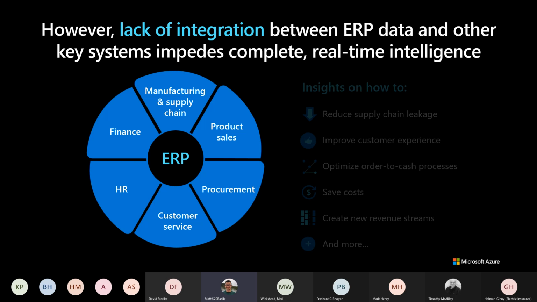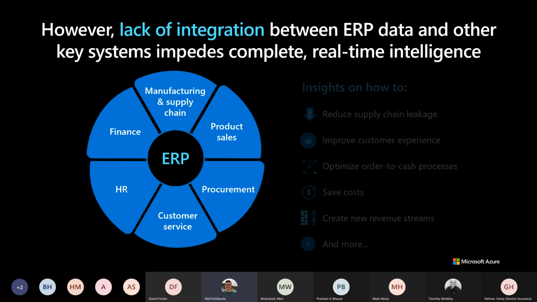Because, of course, ERP systems can be incredibly comprehensive, but if you're unable to enhance that with other data sets, other key data sources, or even just have a complete view over that data or the ability to operate over it with a variety of tools and technology, then you're limited in the value and the insights that you can get from that data. And that's really the big problem: it's not enough just to have that data. It's really about what can you do with it.